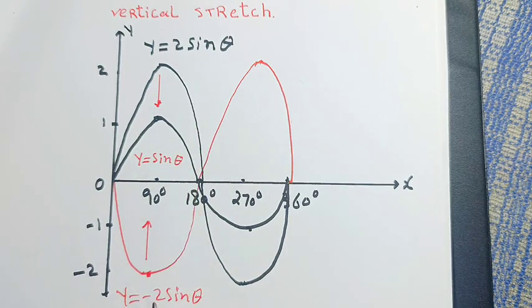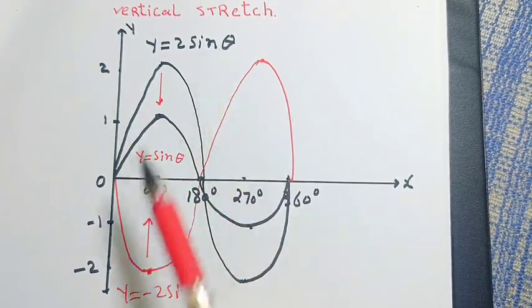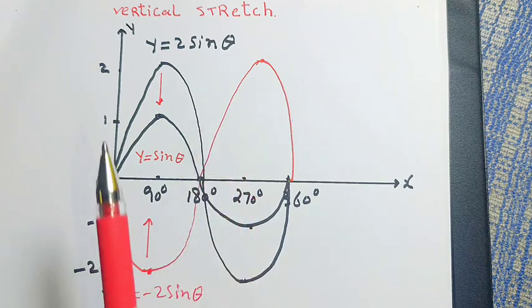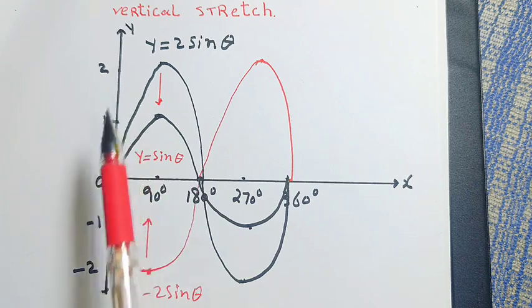So that's why we say reflected on the x-axis. So this graph, y is equal to negative 2 sine theta, is a vertical stretch, but with a reflection on the x-axis.